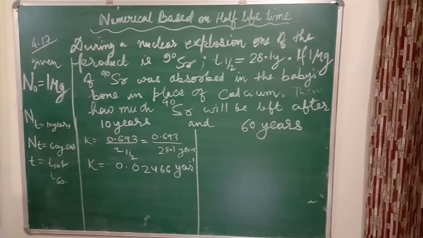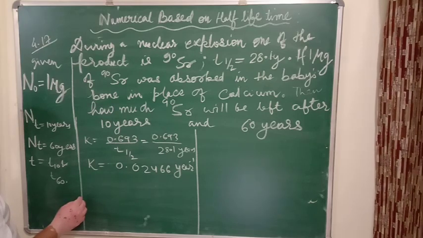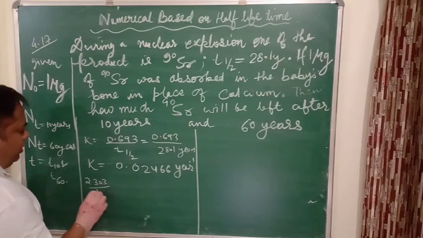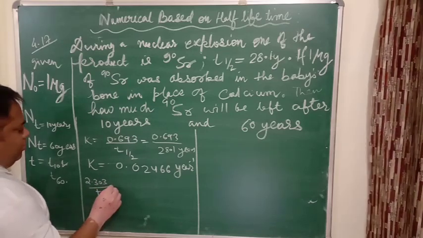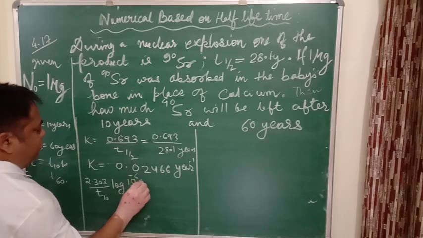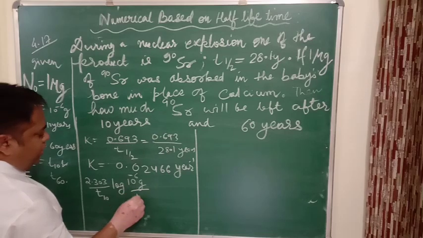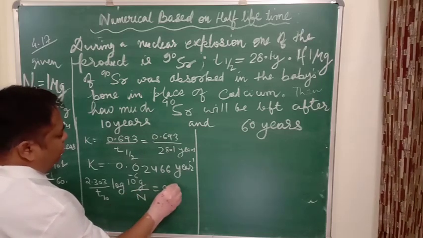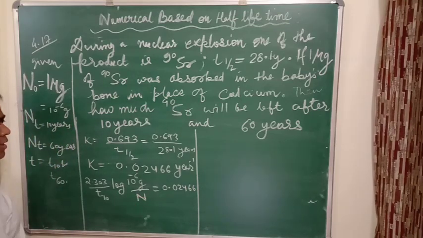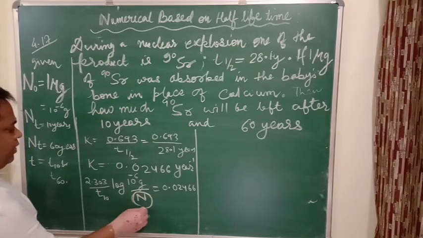Now we'll put the value and get the answer for N. We know that k = 2.303/t, say at 10, log N0, which is 10 to the power minus 6 gram, by N, equal to 0.02466. Now you find the value of N here. This N we have to find out.